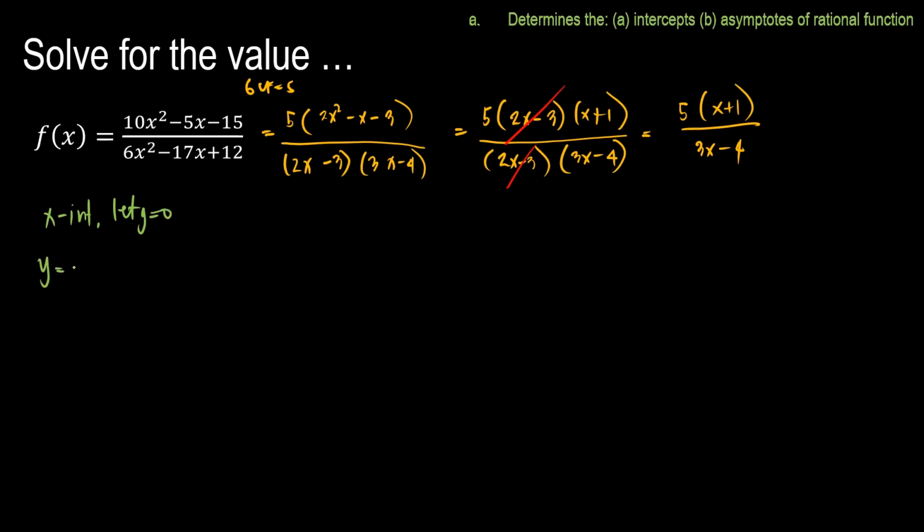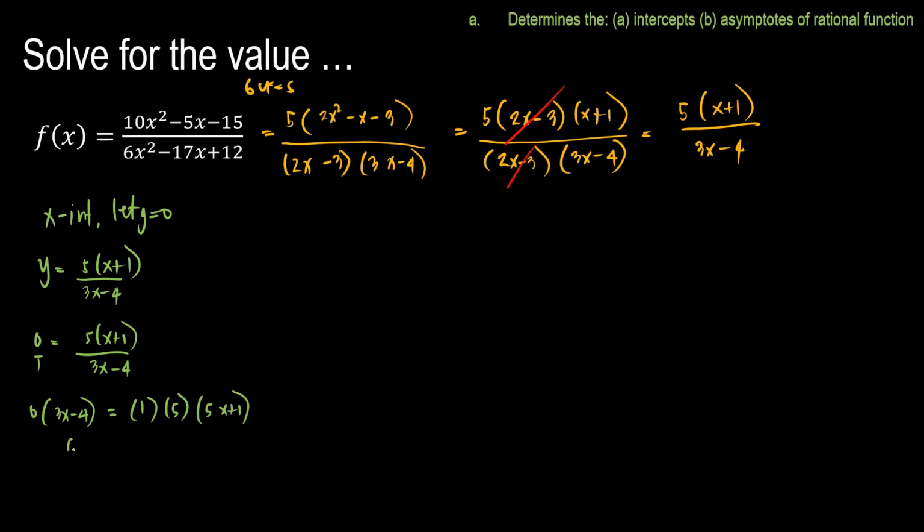Since our function is 5 quantity x plus 1 all over 3x minus 4, let y is equal to 0. Do the cross multiplication. Then this one is equal to 0. Simplify the right hand side. Then distribute 5 to the group.